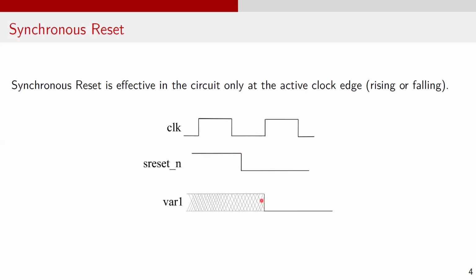When using a synchronous reset, designs are more robust against glitches in the reset signal, as these glitches are ignored unless they coincide with the active clock edge. It is also easier to verify during timing analysis as the reset operation is aligned with the clock signal. However, the clock must be running for the reset to take effect.